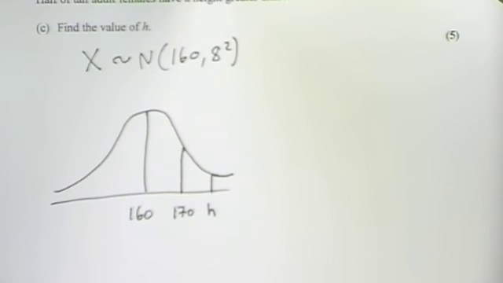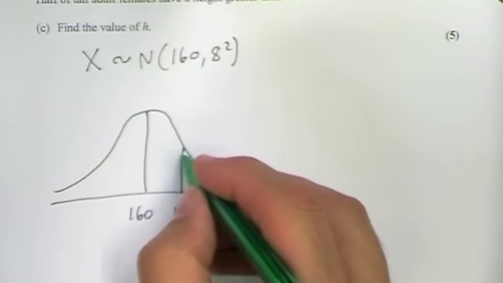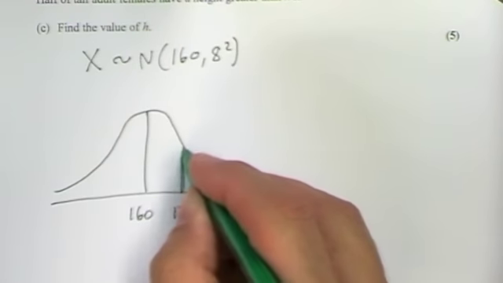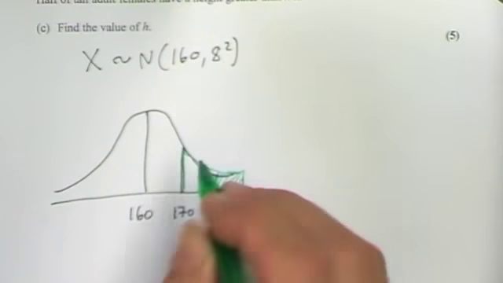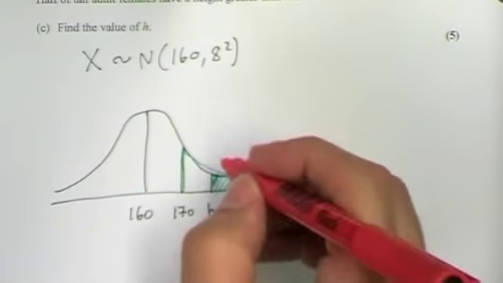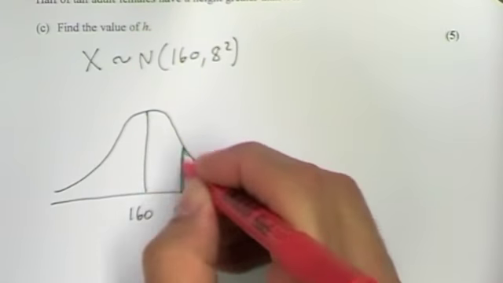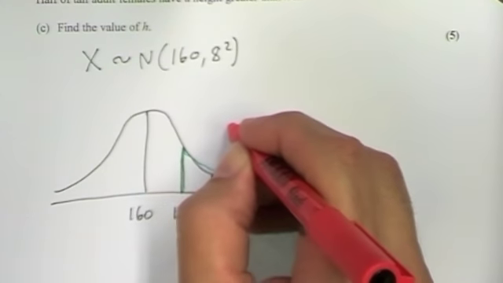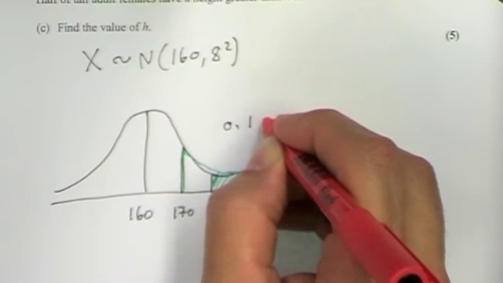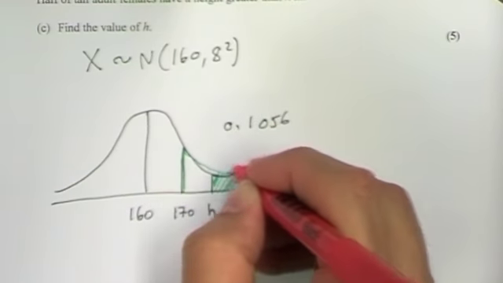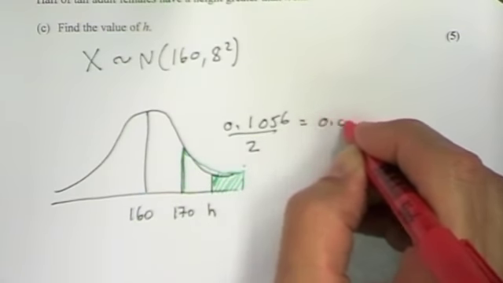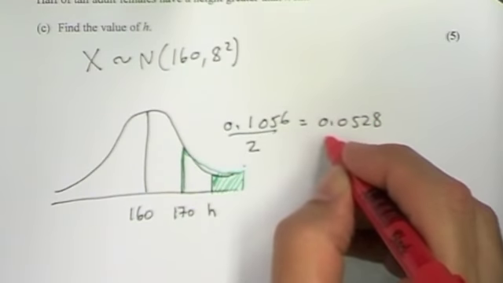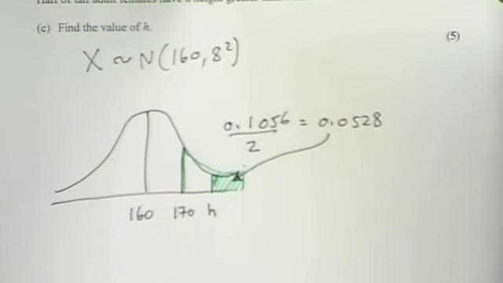Now we're considering that region to start with. We actually want only that bit. The whole of that region, we worked out in the previous part, was 0.1056, but we're saying half of them are greater than h, so if we divide by 2, that will give us 0.0528, and that is our probability of that area in there.